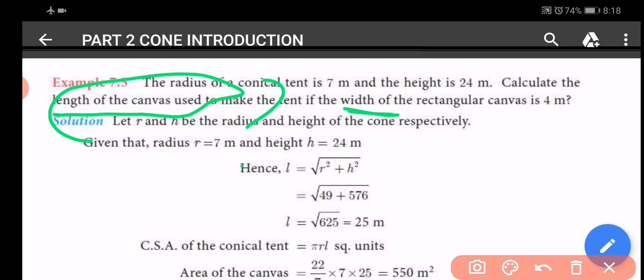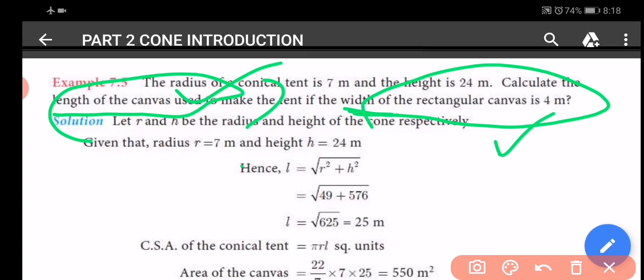The width of the rectangular canvas is 4 meter. So in the cone, the rectangular canvas is used to make the tent. In the rectangular canvas, length is asked and breadth is given. That's all.